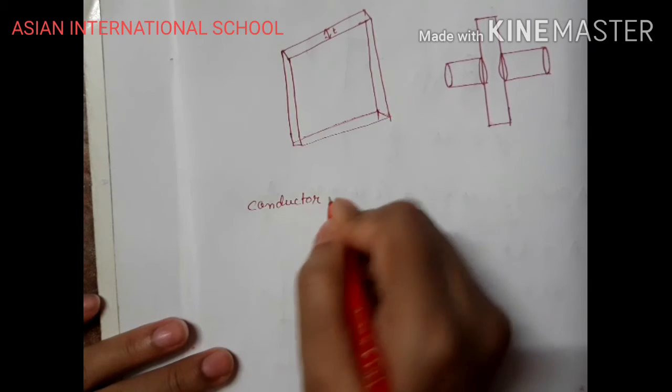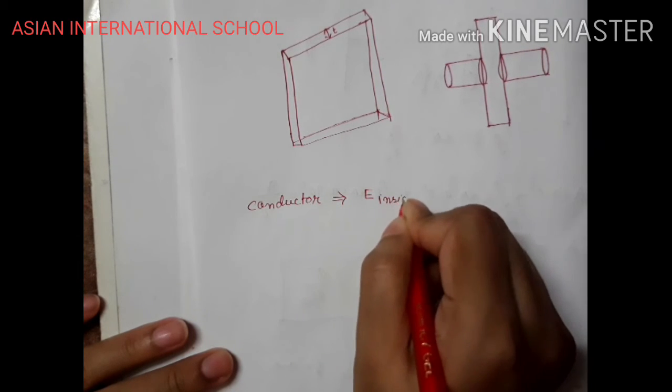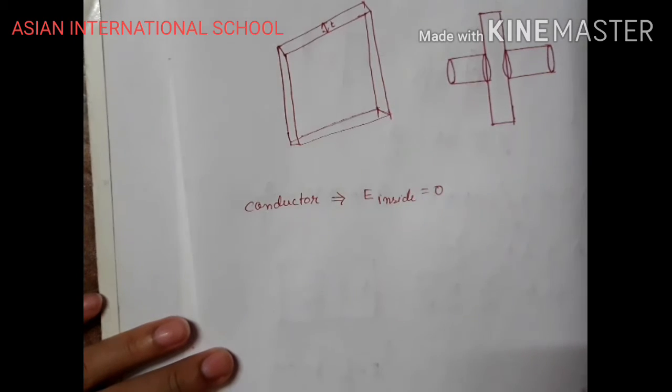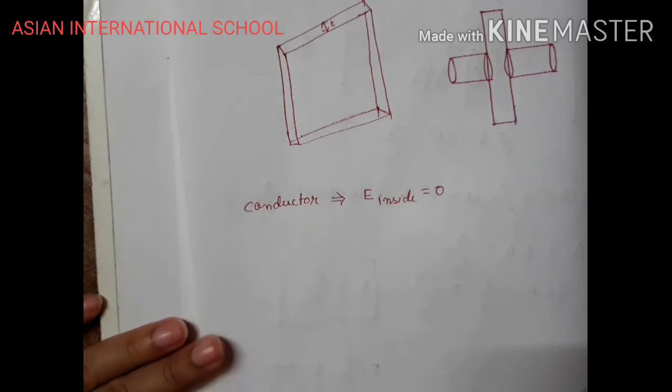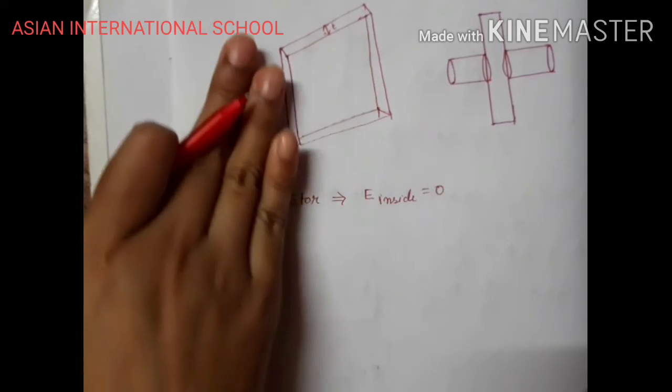So we know electric field inside a conductor is 0. But if it's a non-conductor, then we will be getting electric field inside it as well.